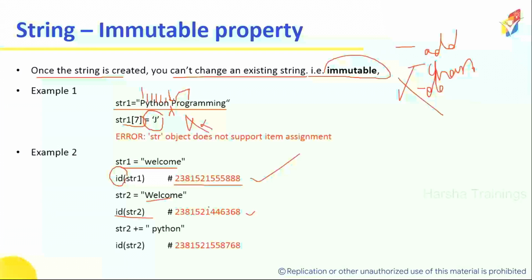Now, if I do str2 plus equal to "Python", I'm adding welcome with Python, but it is stored in a different location. If I add contents, it should be in the same location, but it is not stored in the same location. It goes to a different location because of immutability.